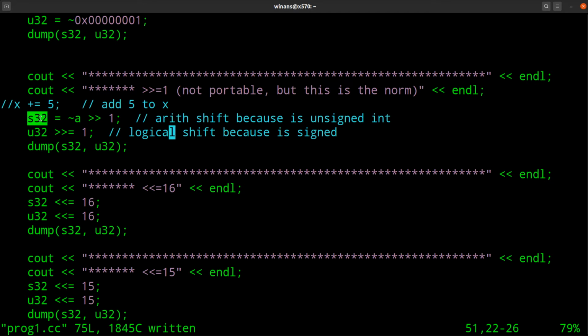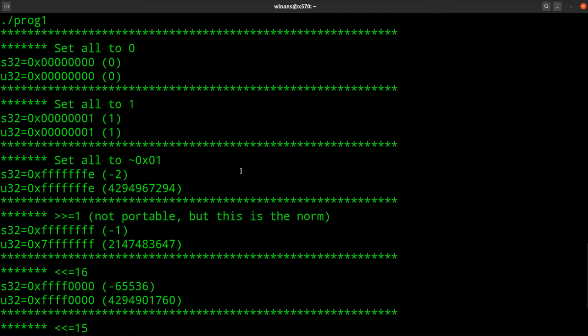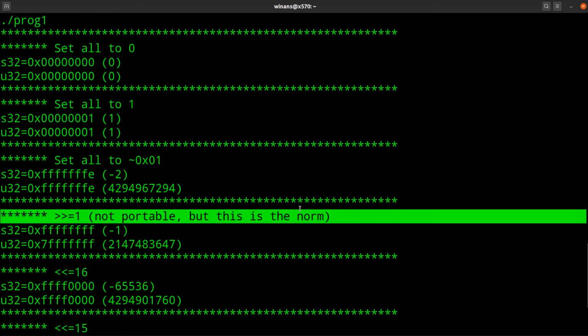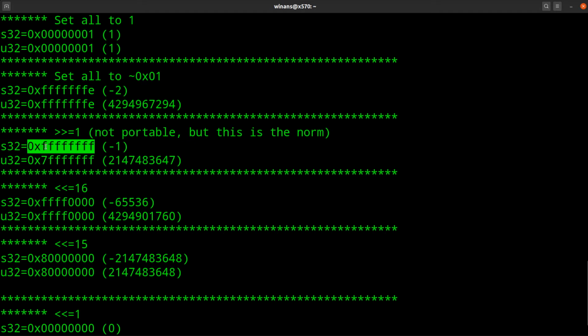If this is a signed number, it'll use an arithmetic shift, which means it'll preserve the sign when it shifts right. If it is an unsigned number, it will use a logical shift, which means zeros will be shifted in as it goes. All right, so let's go ahead and compile this and run it before I get everybody too confused. So here's the part we were looking at, the not portable, but this is the norm. Okay, so what happens here? What did we do?